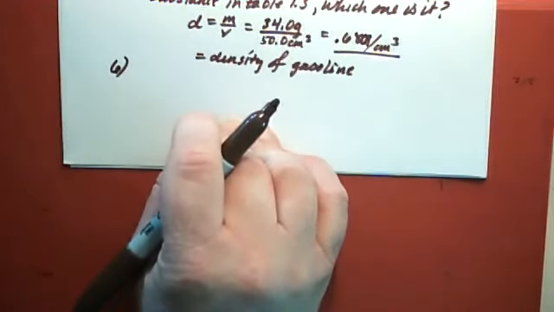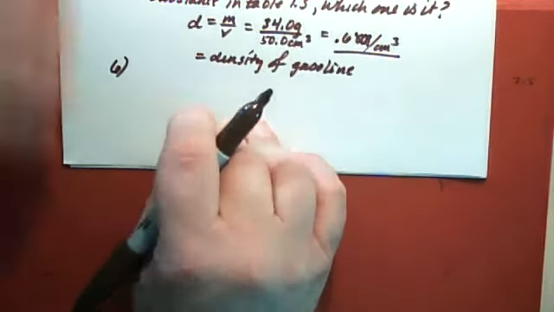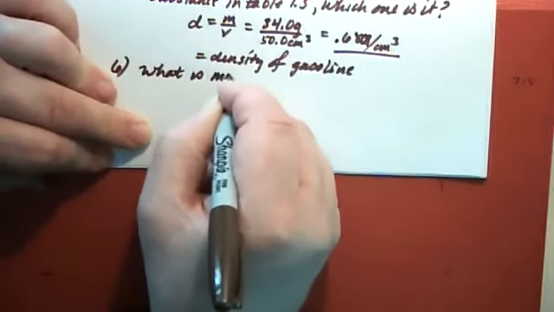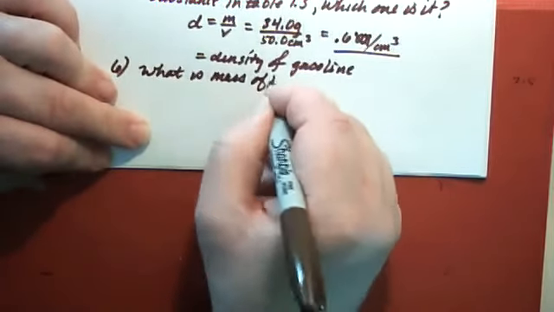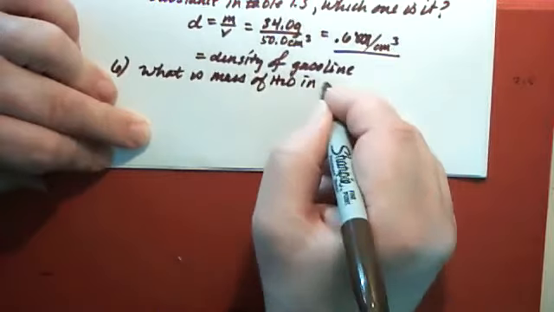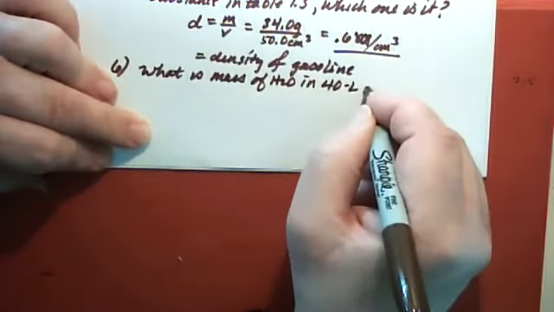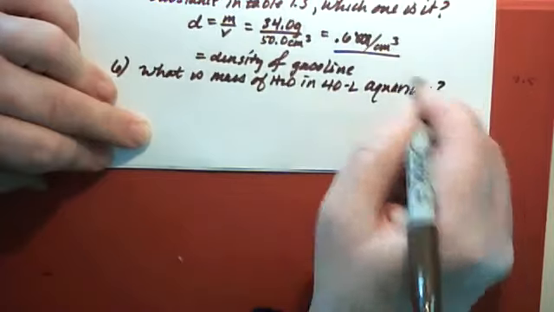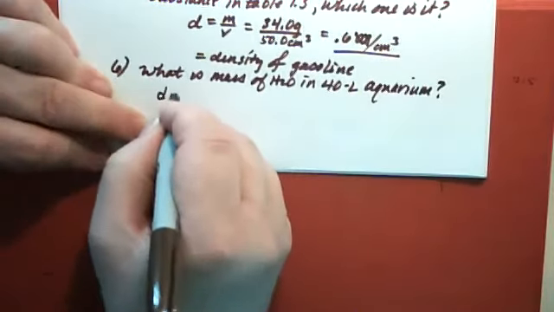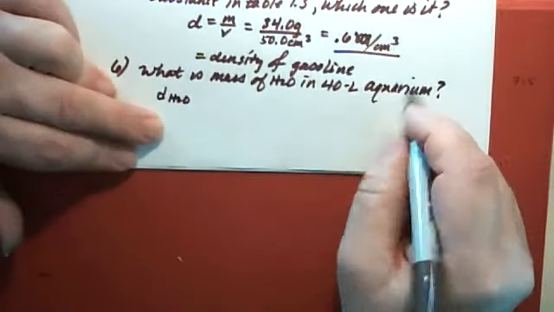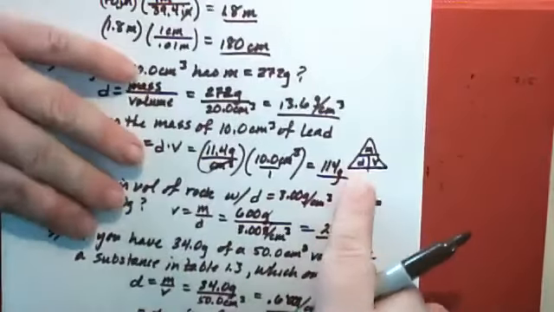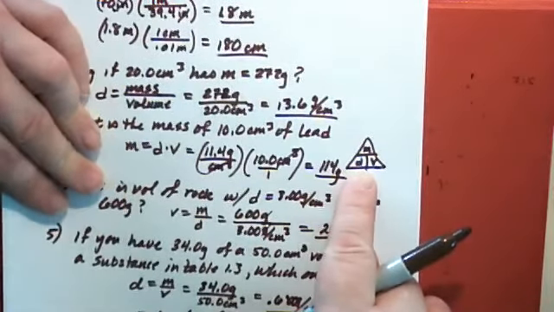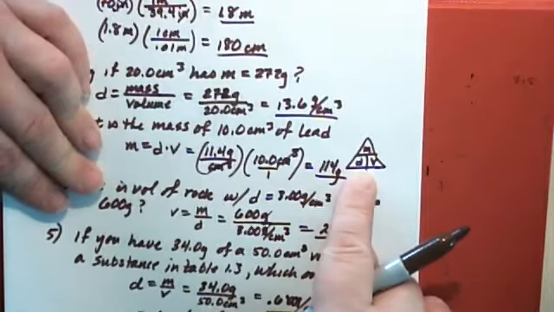Okay, 6, what is the mass of water in a 40-liter aquarium? Well, this is a mass and density problem. We have the density of water in the table there, and it's 1 gram per cubic centimeter, so you should be able to remember that anyway.